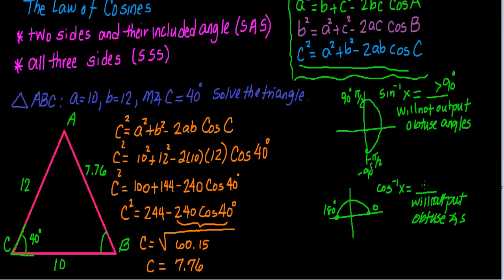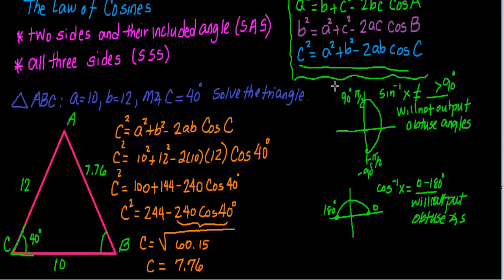These angles can go from 0 to 180. Okay? So when looking for that angle that you suspect can be obtuse because it's the largest angle in the triangle, do not use the sine law. Use the cosine law. Okay? So that's something that you have to be mindful of.